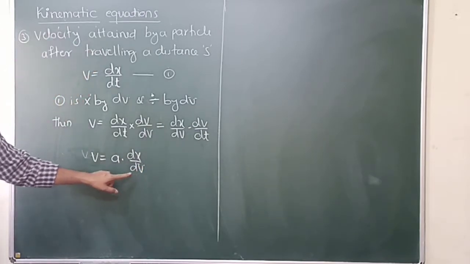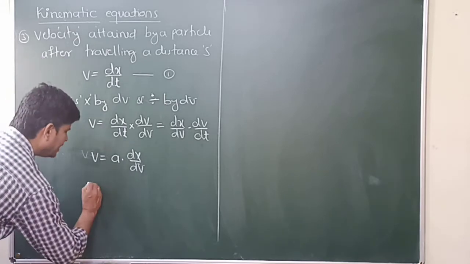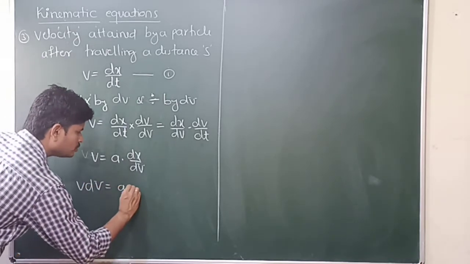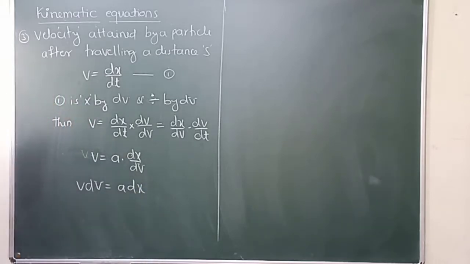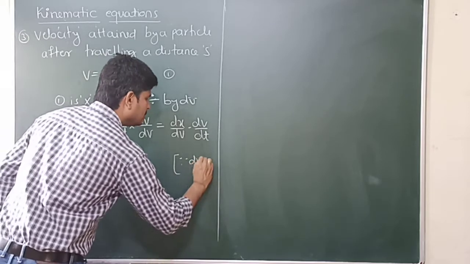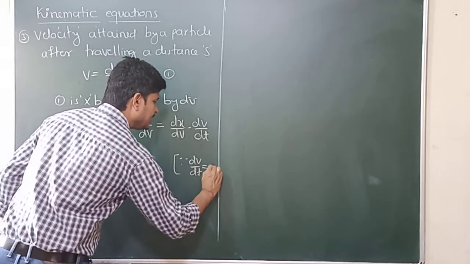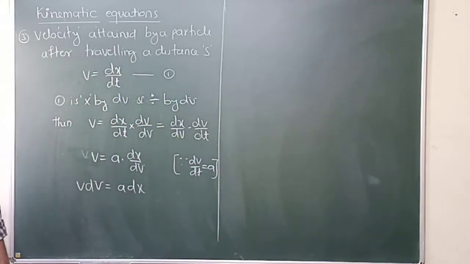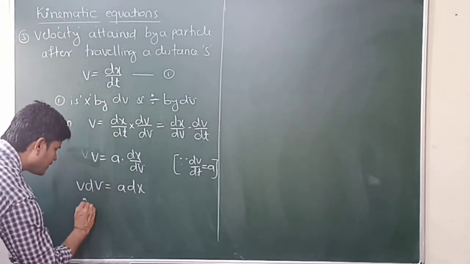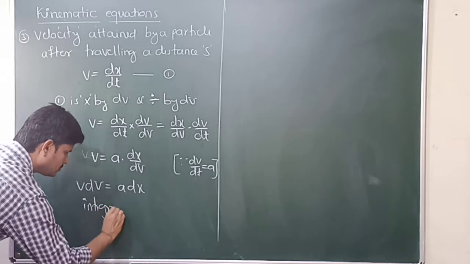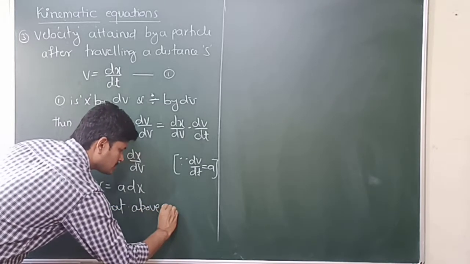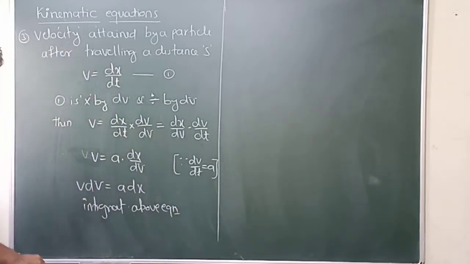Now take this dv to the left side, then v into dv is equal to a into dx. If you don't know, write here, because dv by dt is acceleration. Right? Now integrate this equation. Integrate the above equation.